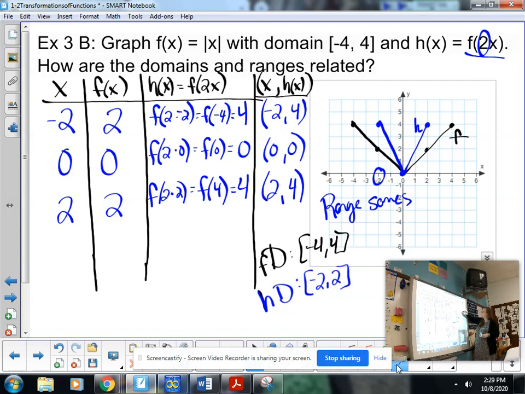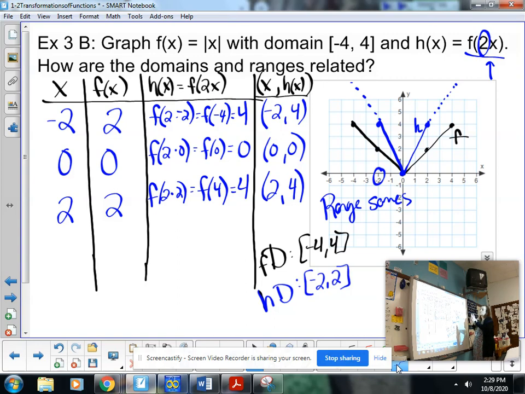If you notice, if we were to expand this out, we would get the same kind of graph that we had for the previous question, but this one is different because it acts inside on the x, then outside on the f of x. So rather than being a vertical stretch like the previous question, this is a horizontal compression.